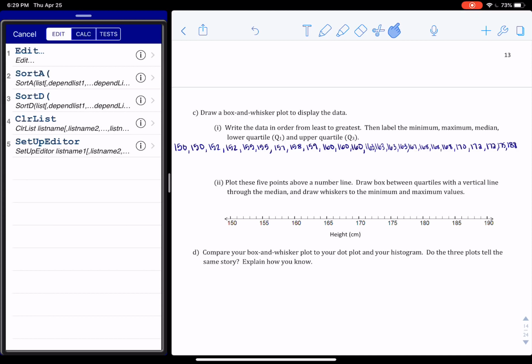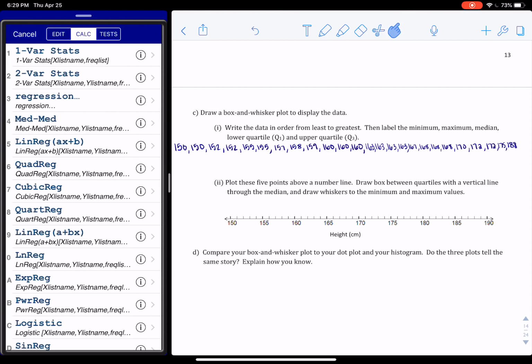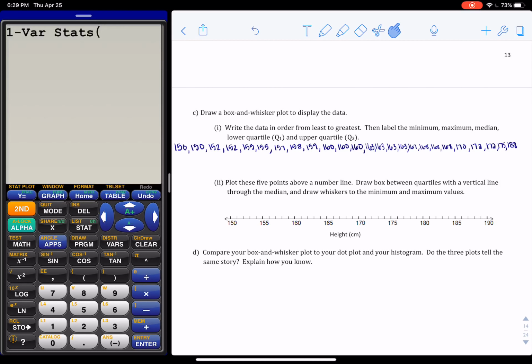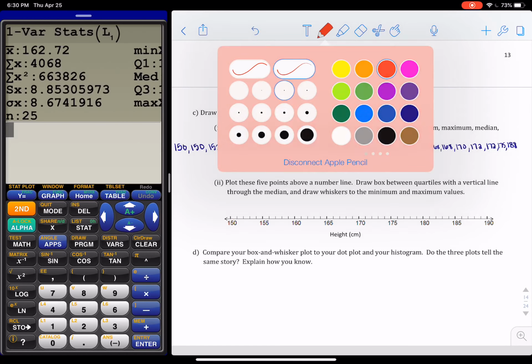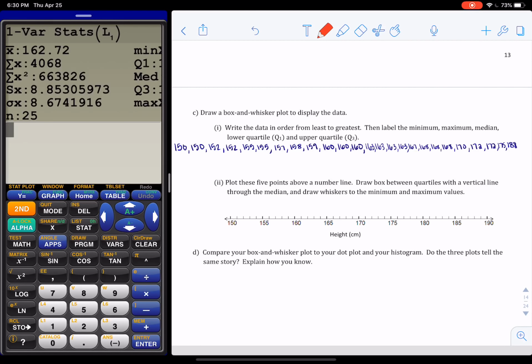From there, we're going to go ahead and calculate. So we're going to click stat, go over to the right, the very first one, and then depending on what calculator you have, you enter it a little differently. The only ones they're asking us for are the minimum, maximum, median, lower quartile, and upper quartile. So we already know what the minimum is. That's 150. We can see the maximum, that's 188.